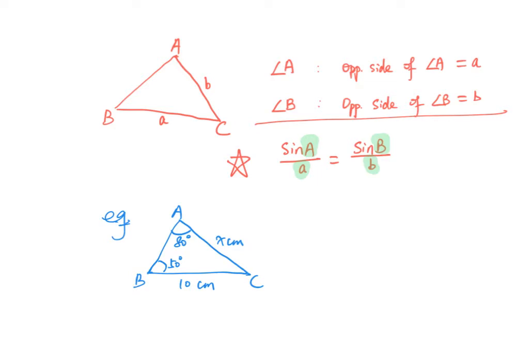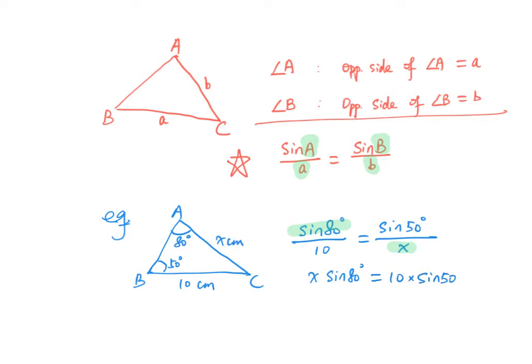Sine 80 over the opposite side, which is 10, equals sine 50 over the opposite side, which is x. So cross multiplication: x times sine 80 degrees equals 10 times sine 50.